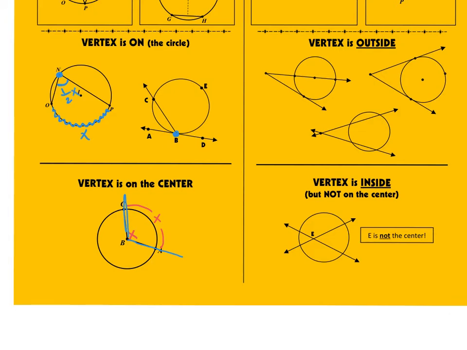Now, what's important to recognize is that we're going to have to be able to go in both directions. So let's look at this picture over here. Let's say that I knew the measure of the angle and the angle itself was x. Then the measure of its arc, in this case arc BC, would be 2 times the angle.